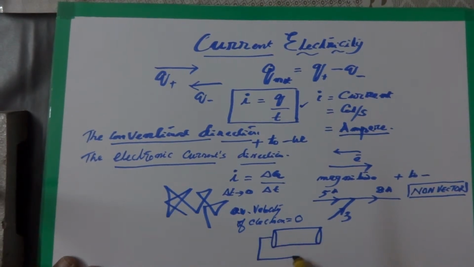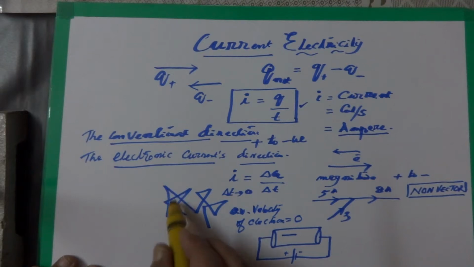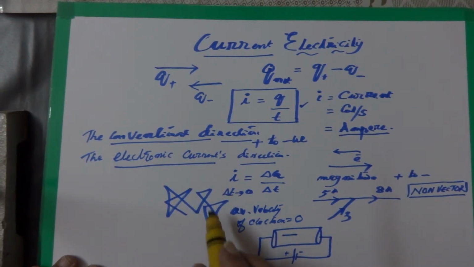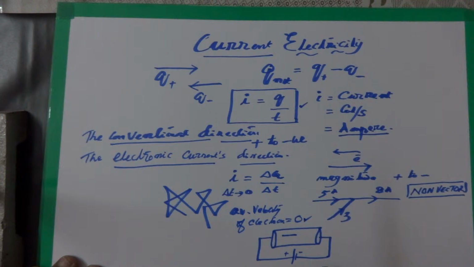If you apply a potential source like a DC voltage source, a battery, then the electrons will have a specific motion in one direction. We have discussed that initially all the electrons move at random. There is no specific direction for the motion of the electrons. Therefore, the electron average velocity is considered to be 0.